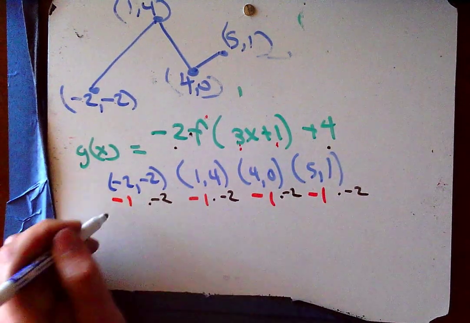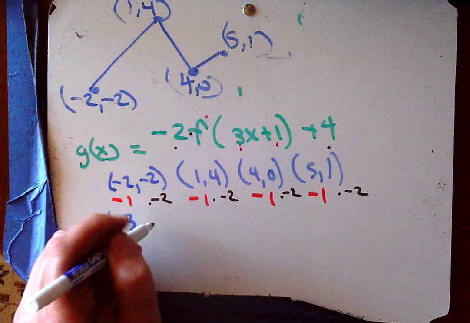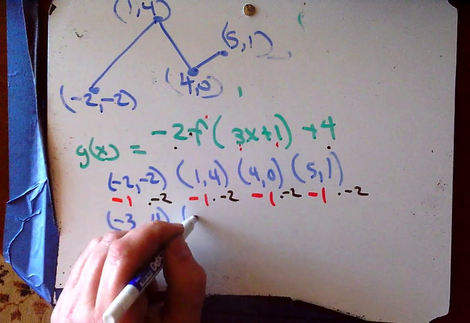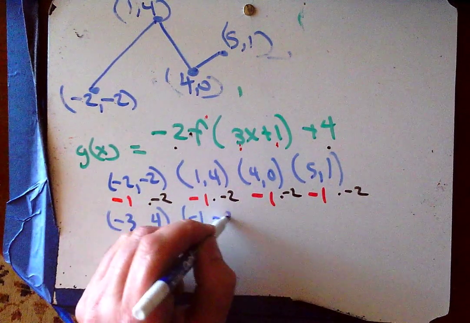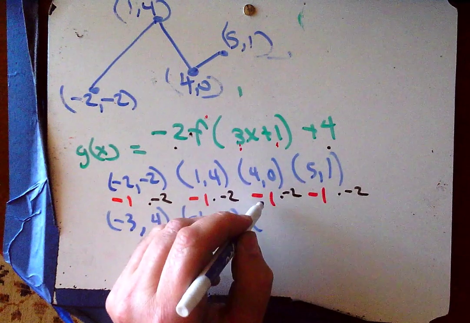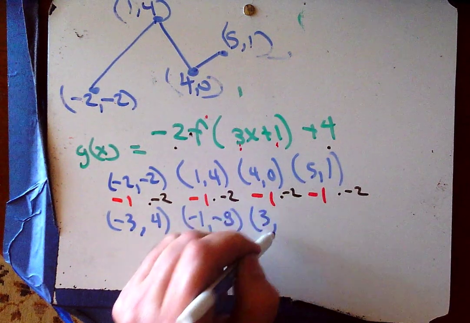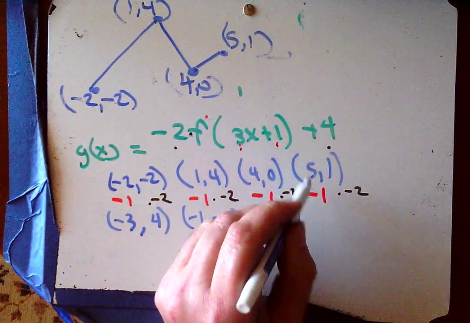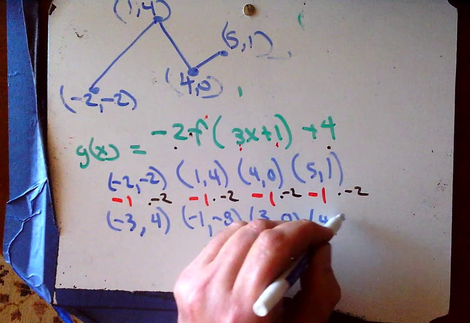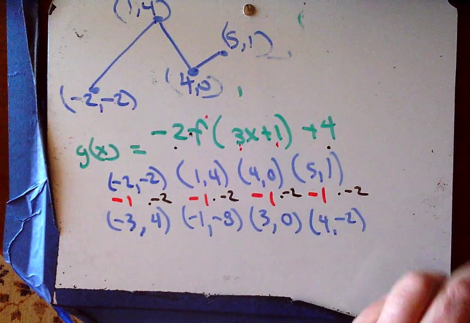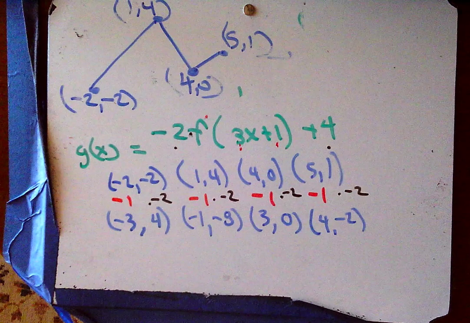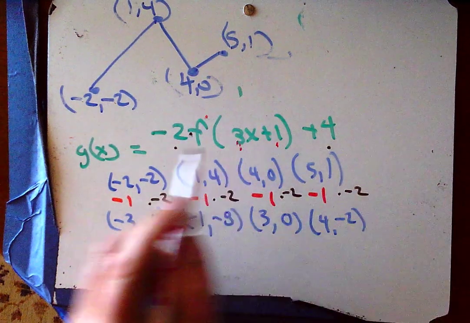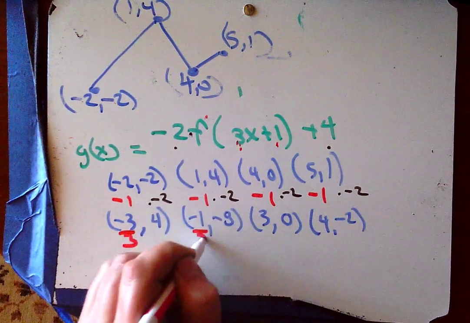So my transition points are -3, 4, -1, -8, 3, 0, and 4, -2. And then I have to come back and do that second round of transformations. I need to divide the x's by 3.